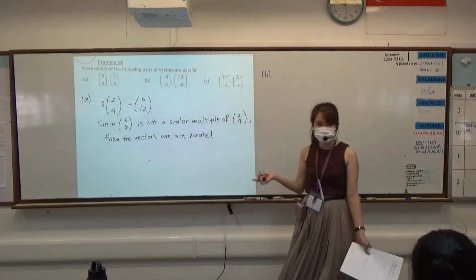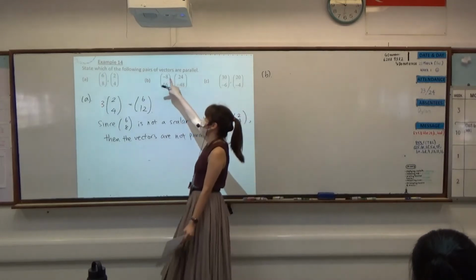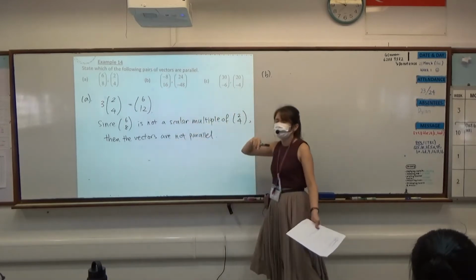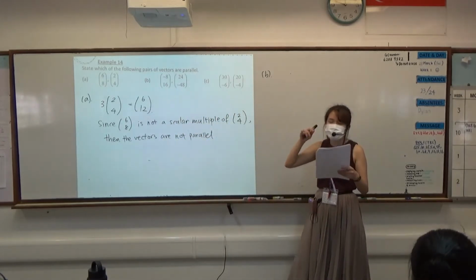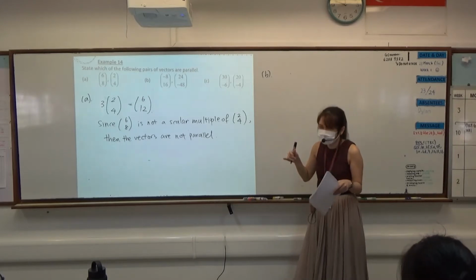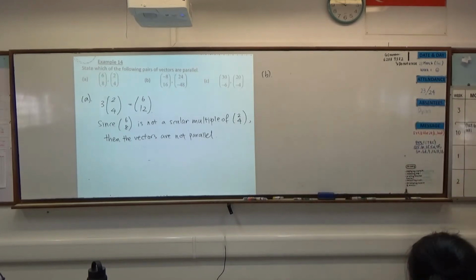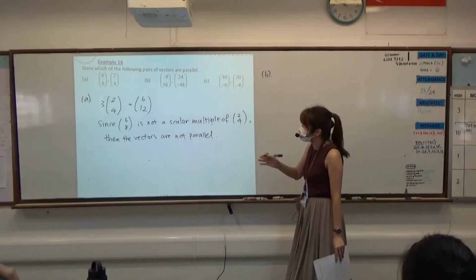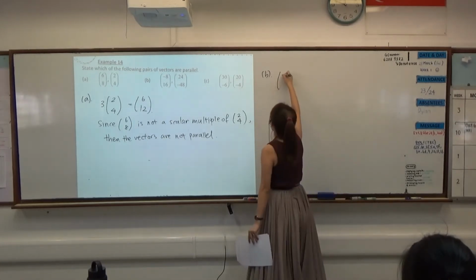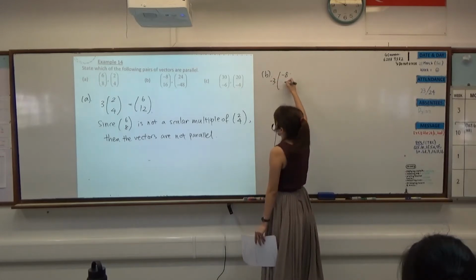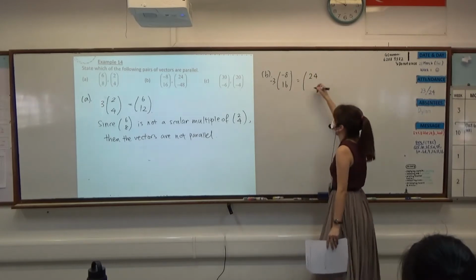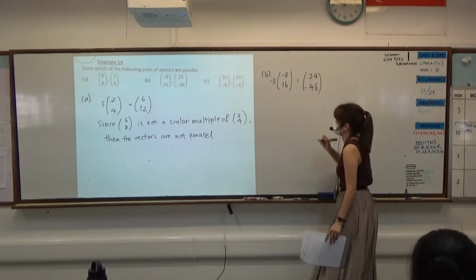So for negative 8 and 24, we think about what number I have to multiply by negative 8 such that I can get 24. 8 times 3 will give you 24, so negative 3 times negative 8 will give us 24. And 3 times 16 is 48, so we get a negative 48 here.